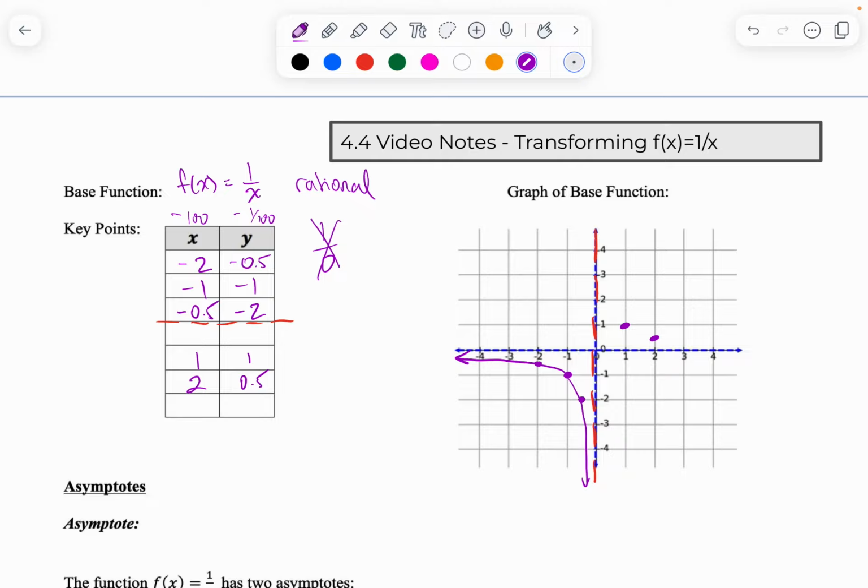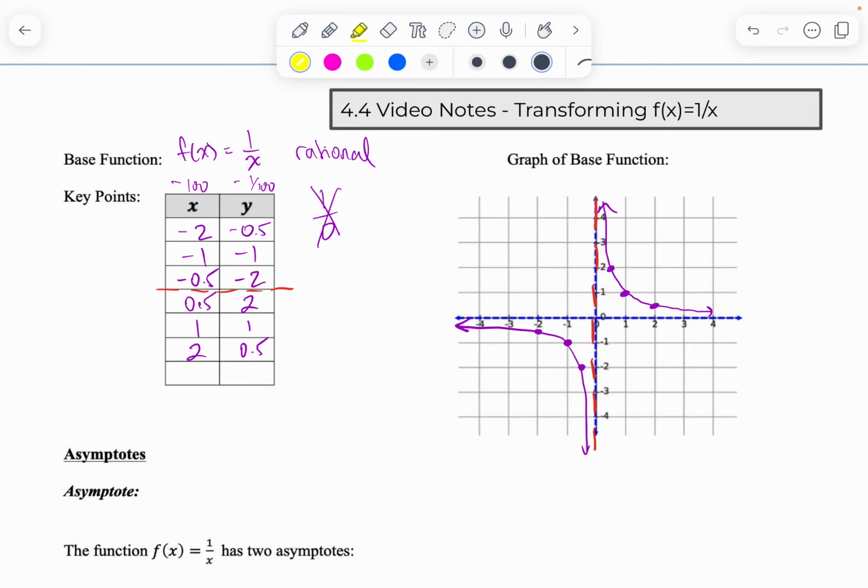So I left this spot here because I also want to do 0.5. 1 divided by 0.5 is 2. Well, that means I get x is 0.5, y is 2. So there's my other part of this function. It's up here in the positive quadrant, right? So there's some values in the positive and some values in the negative. Okay?